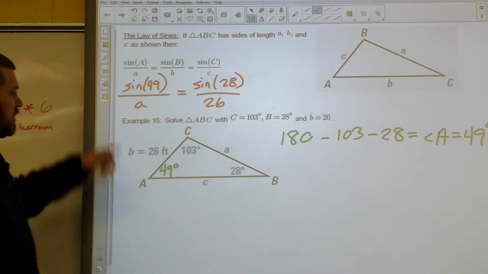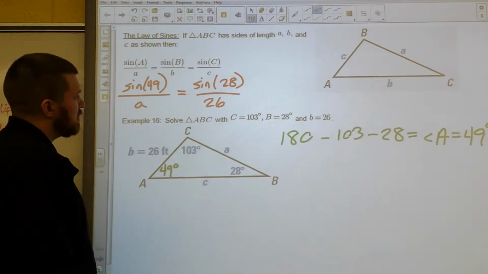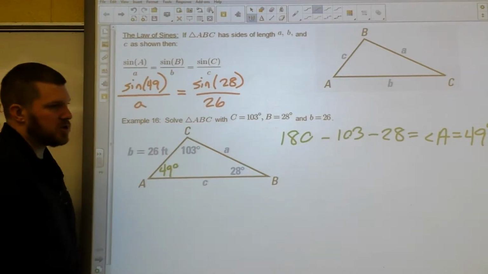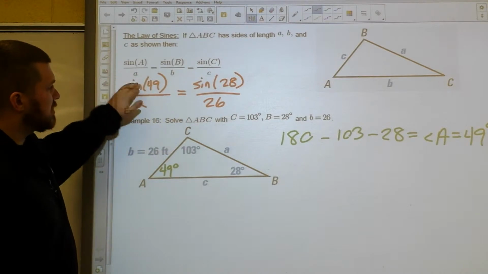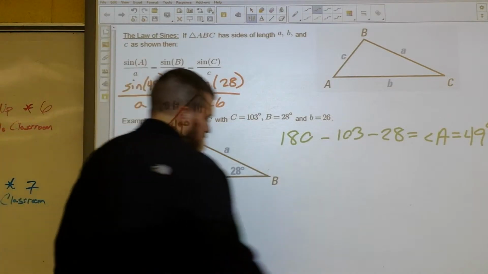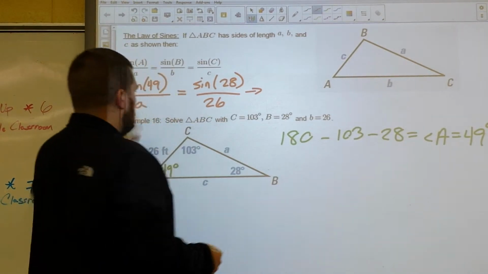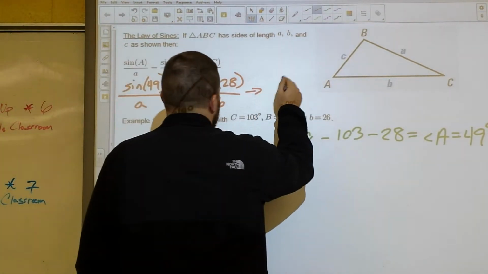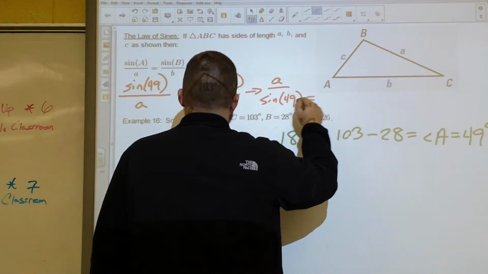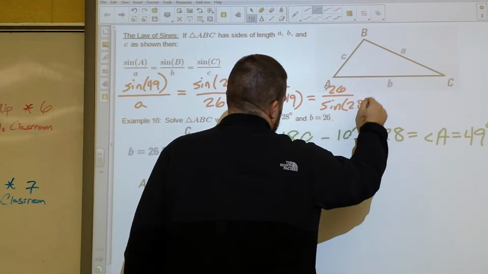Alright, so now what I want to do is get side A by itself. If I flip this fraction and I flip this fraction, they should still be equal to each other, because since I have an equal sign in the middle, the tops have to be equal to each other and the bottoms have to be equal to each other. This is perfectly valid, and it's a nice trick. If you flip one, you have to flip the other one. So I have A over sine of 49 equals 26 over sine 28.